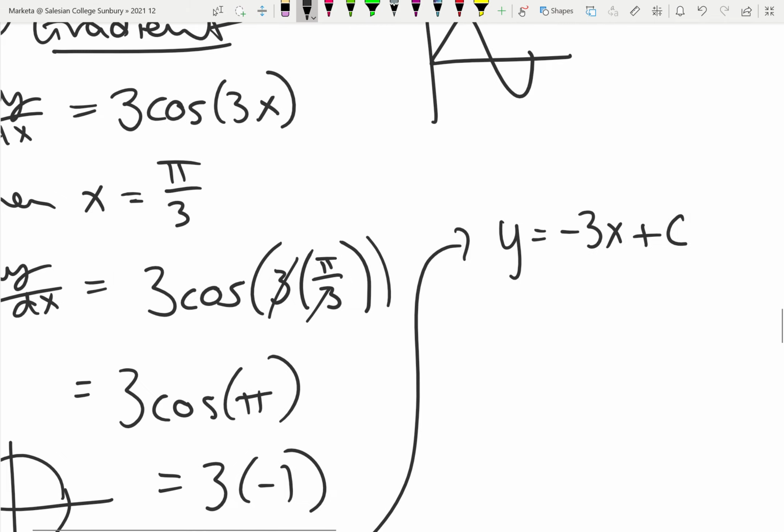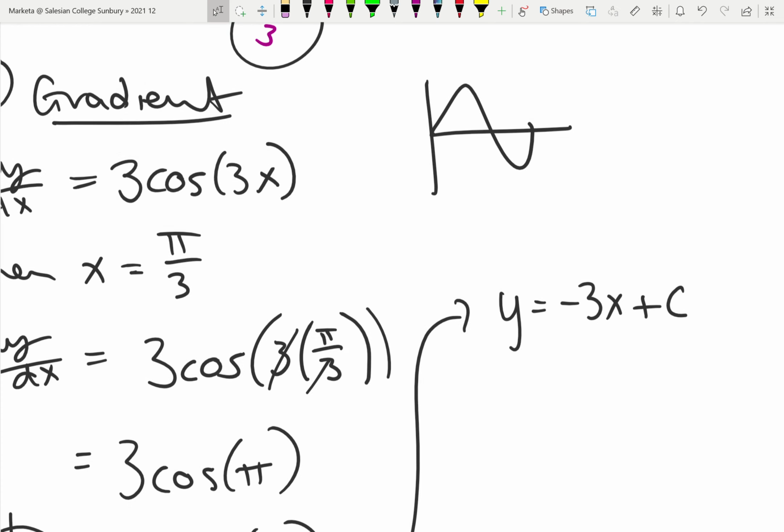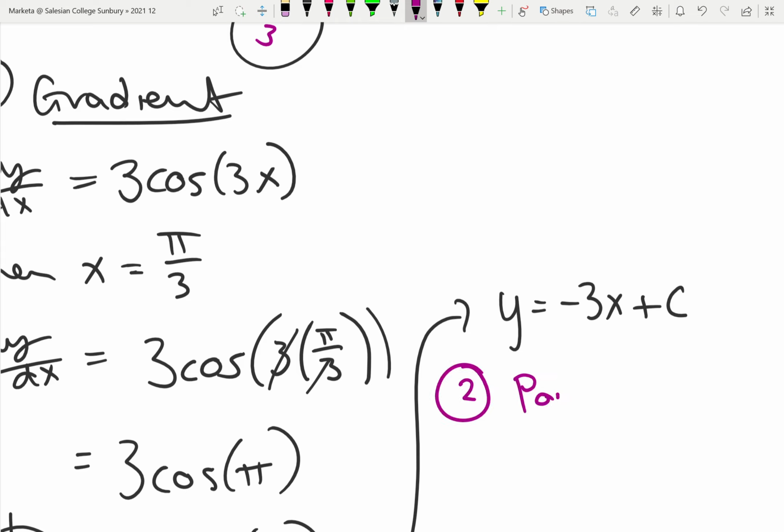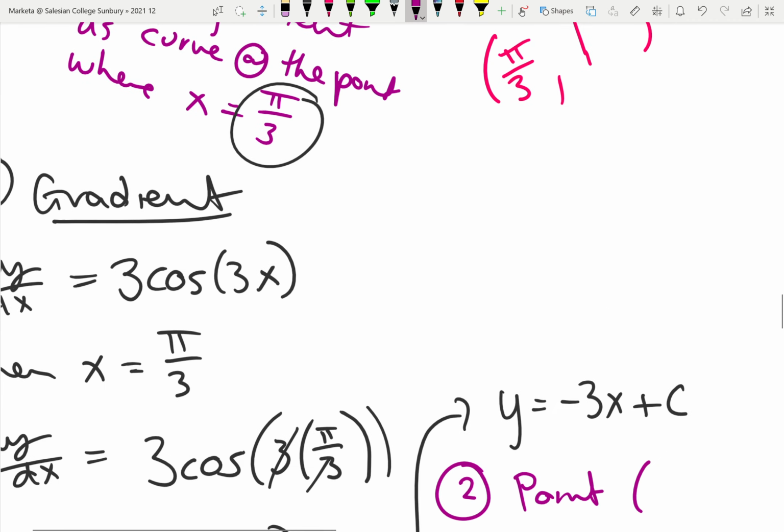So this is probably looking quite familiar now, hopefully. Let's now find the value of c by, as per usual, subbing in the point. And the point is pi on 3, 1.